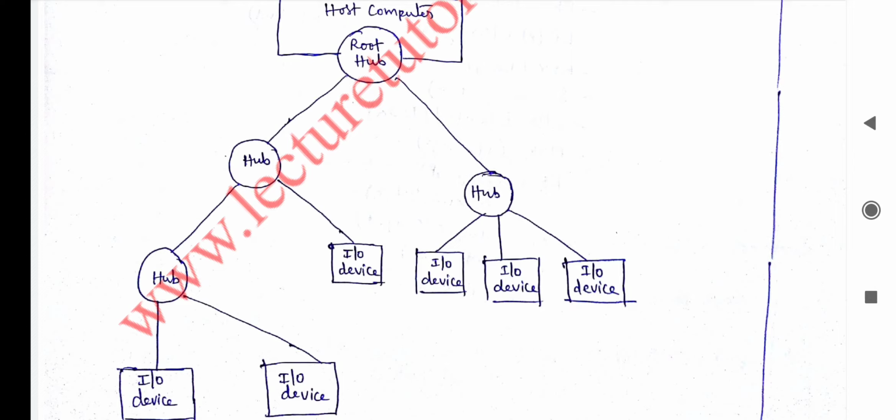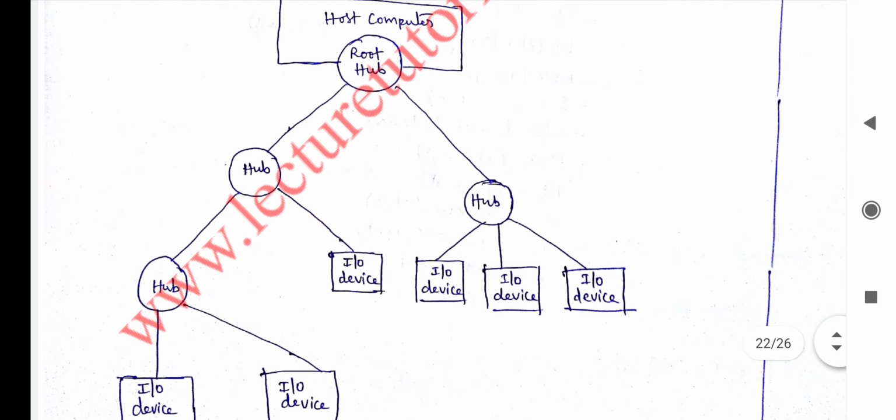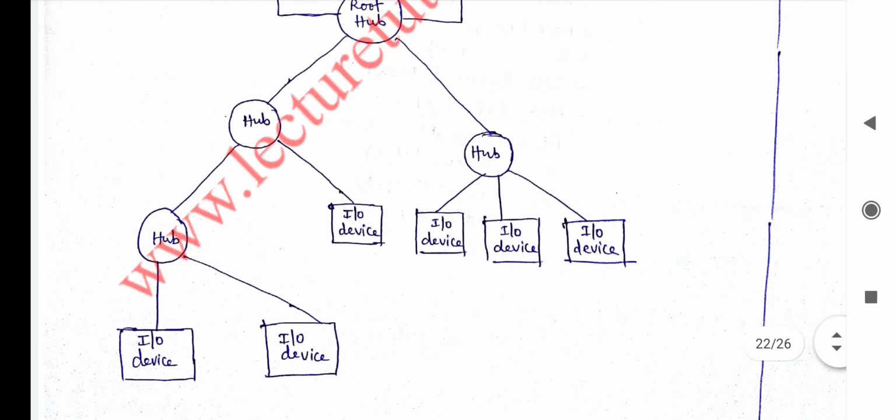These also have some IO devices. This is nothing but a tree structure representing USB, right? See, the leaf nodes of this tree are IO devices.